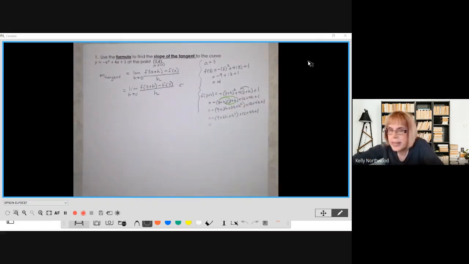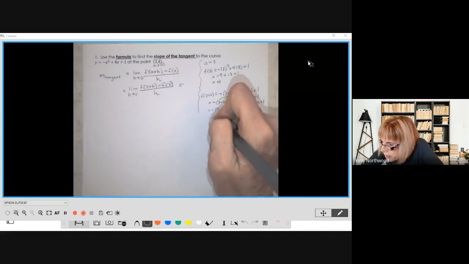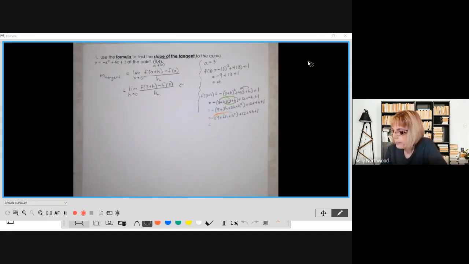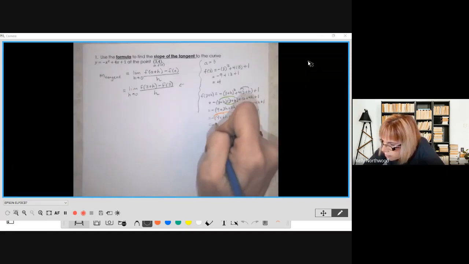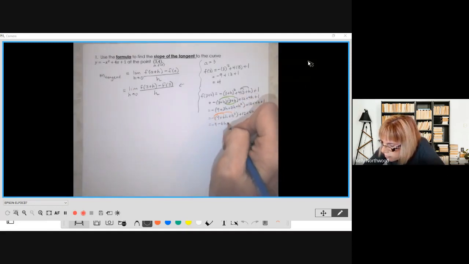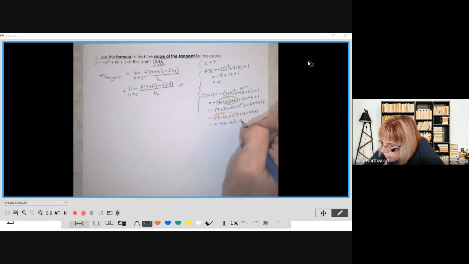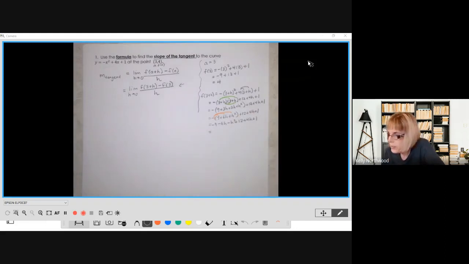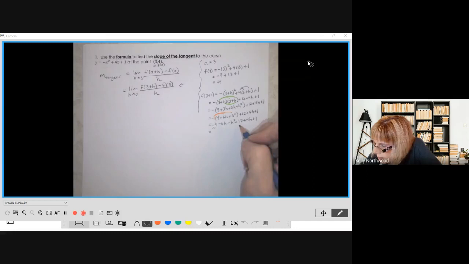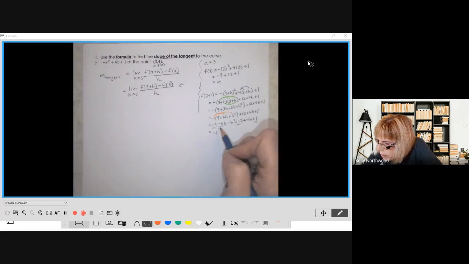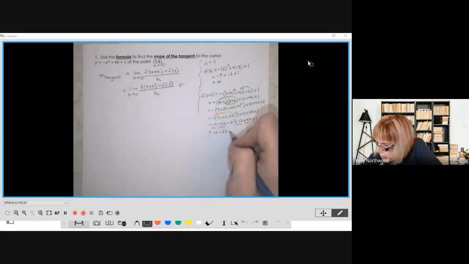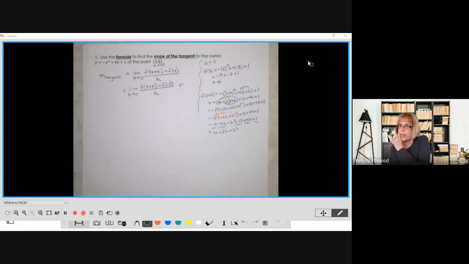And then distribute the negative sign through every term in the bracket. And then collect like terms. So I've got -9, +12 is 3, plus 1 is 4. -6h plus 4h is -2h. And that's everything except my -h². So that's f at 3 plus h.